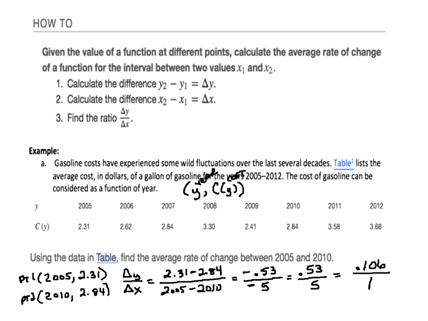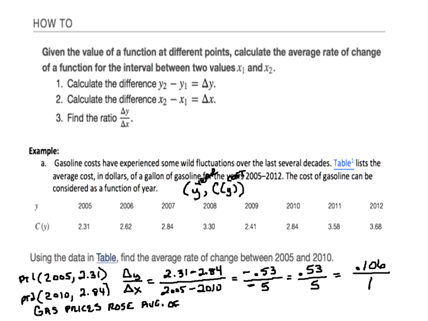So what this says is gas prices rose an average of, that's 10.6 cents basically, because we know we'd write 10 cents as 0.10. It is 0.106, that's about 10.6 cents.